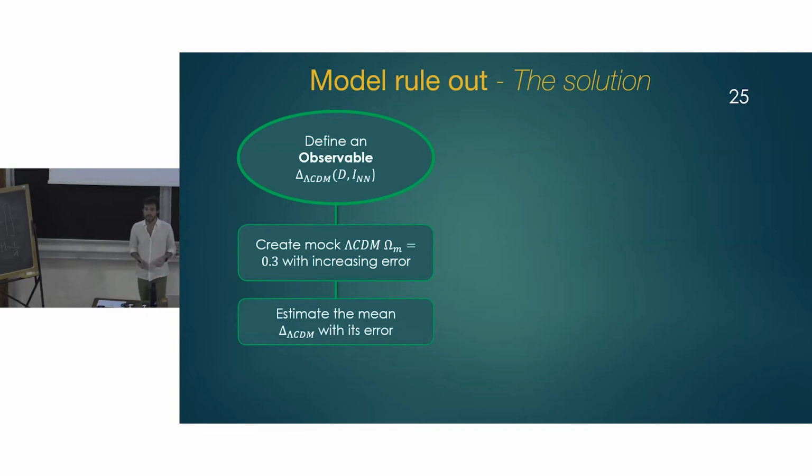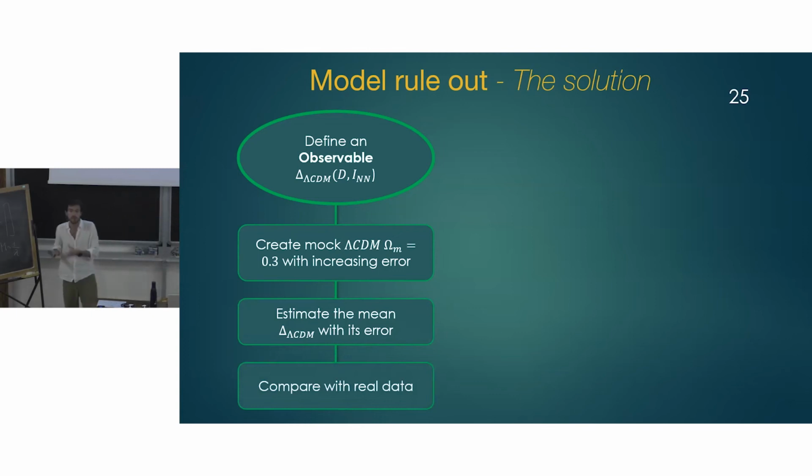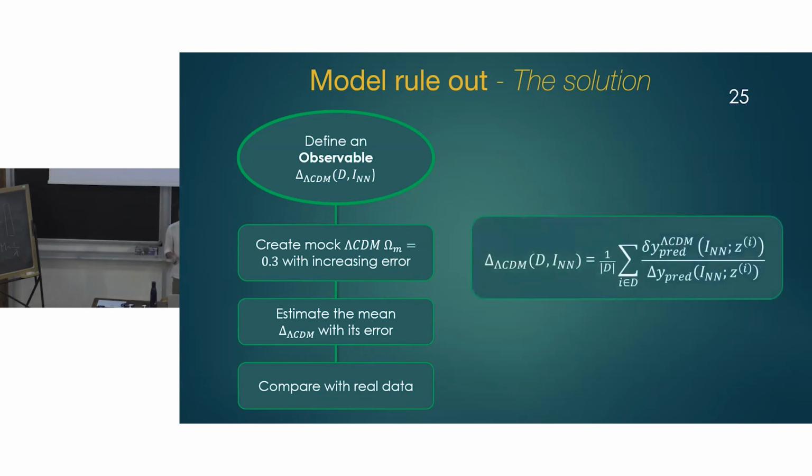We assume that each of these procedures is independent, in the sense that we expect this indicator to be distributed as a Gaussian. The indicator is a scalar, and this scalar will be compared with the result with the real data. So we have mock data samples and the real one, and we want to compare those two things. In the end, the indicator is basically this one.